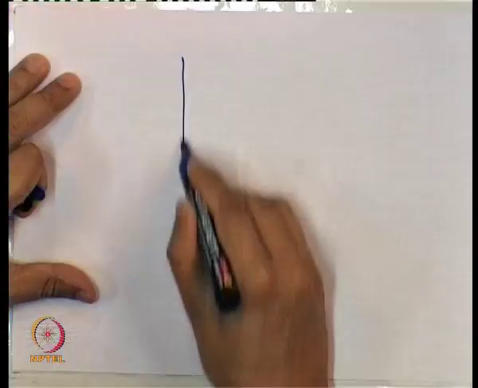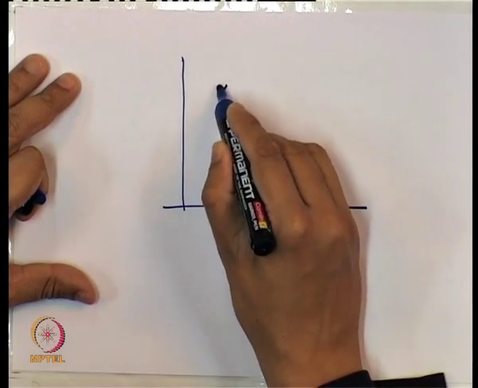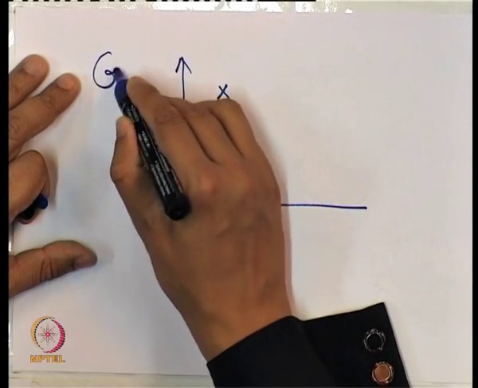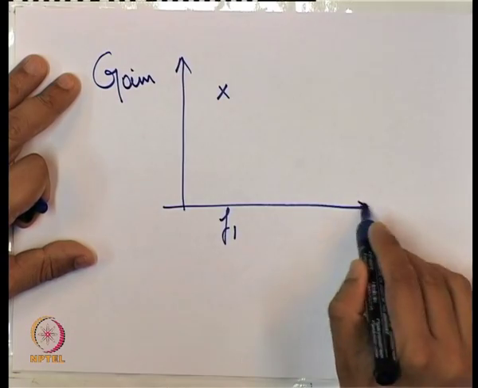So, we know that, as I was saying before, we designed our circuit at a particular frequency, but suppose we want to keep the gain constant. Suppose we have at a particular frequency f1 a gain like this. So, this is my gain, this is frequency.